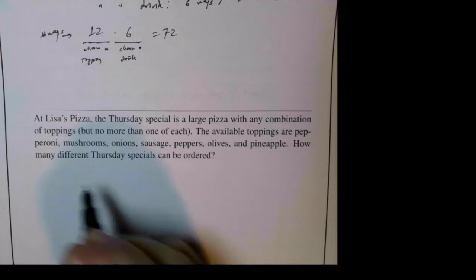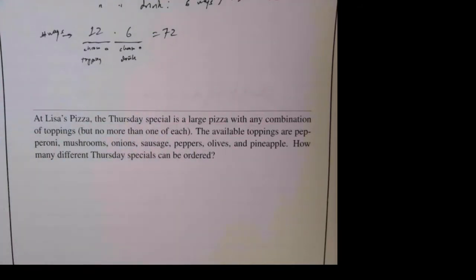I'm going to think of, first of all, the process of ordering a Thursday special as being made up of 7 different tasks. The tasks are choose to have pepperoni or not. Second task would be choose to have mushrooms or not, and so on all the way down to choose to have pineapple or not.